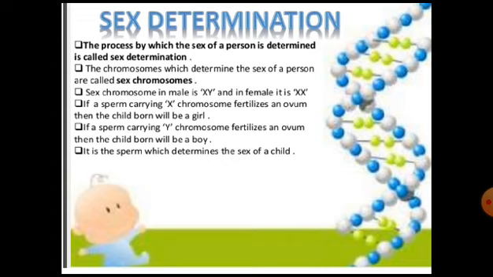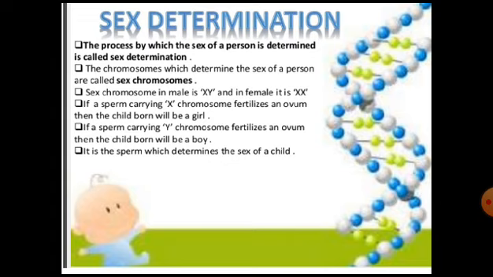Likewise, the female gamete will have X chromosome in all of its eggs. Thus, when fertilization occurs, it is the constitution of the sperm which determines the sex of the individual.